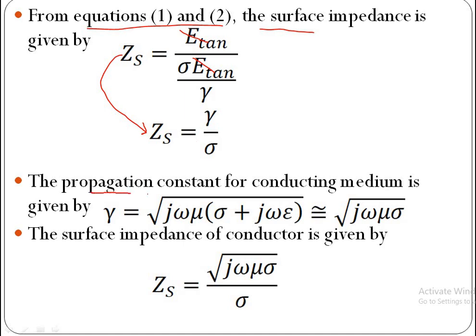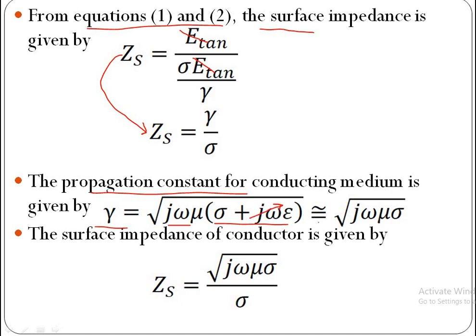The propagation constant gamma for a conducting medium is given by gamma is equal to square root of j omega mu into sigma plus j omega epsilon. When compared to j omega epsilon, the sigma value is very large for a conducting medium, hence we can neglect this one.